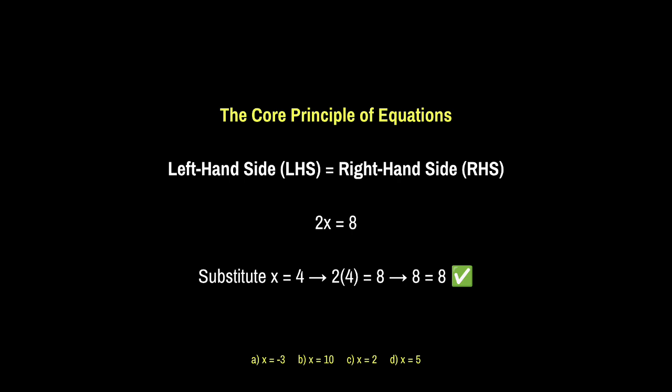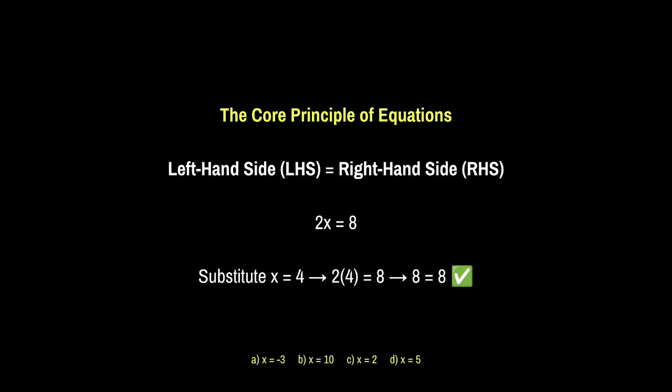Think of a basic example: 2x equals 8. In plain English, this is just a riddle asking 2 times what number gives us 8. If we replace x with the number 4, we get 2 times 4 equals 8, which simplifies to 8 equals 8. Because the left side equals the right side, we know that x equals 4 is a true solution to the equation.